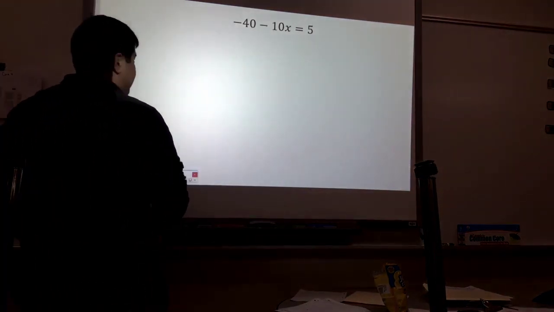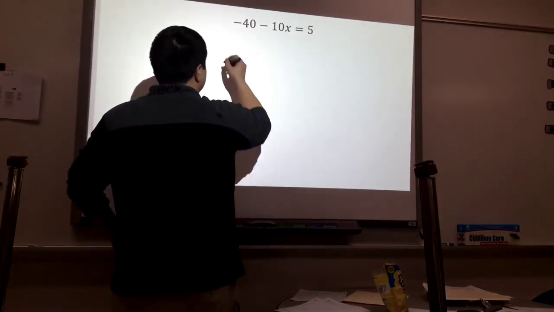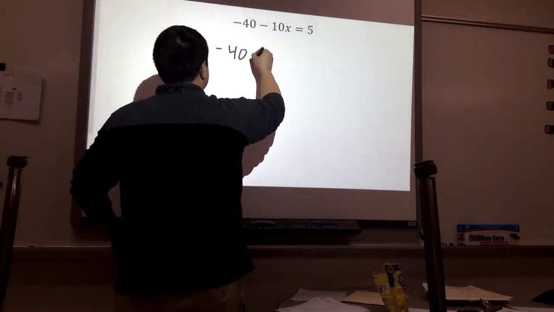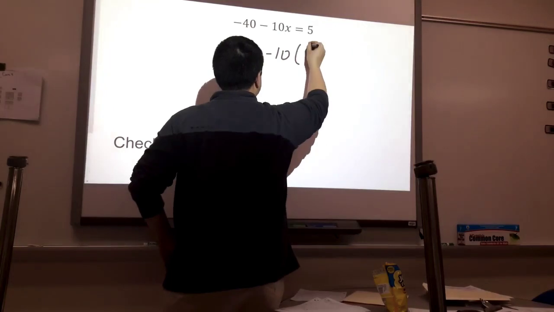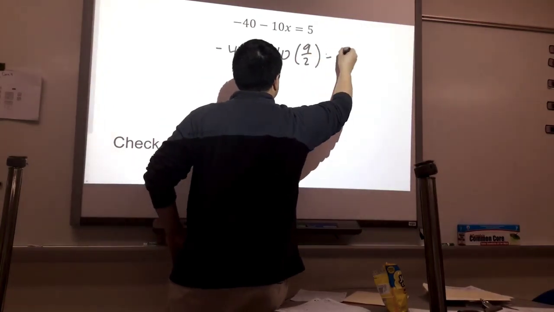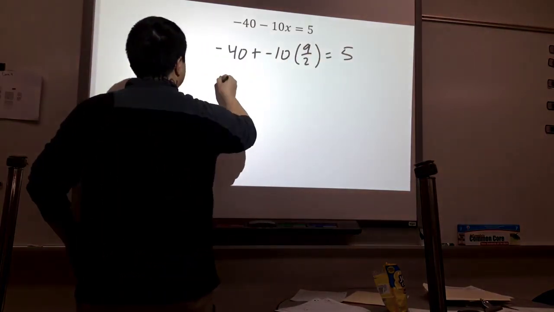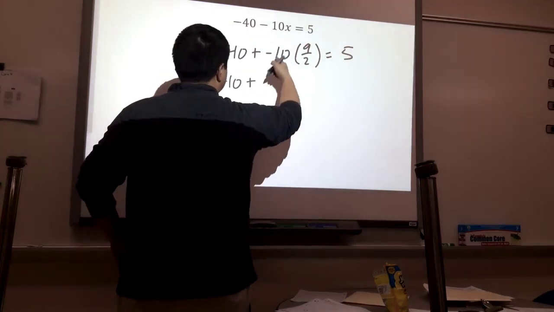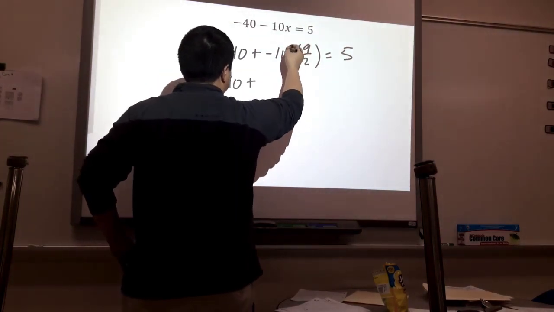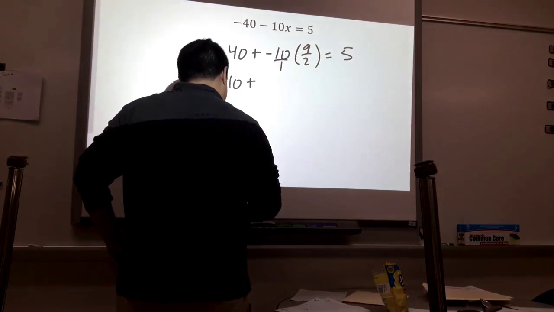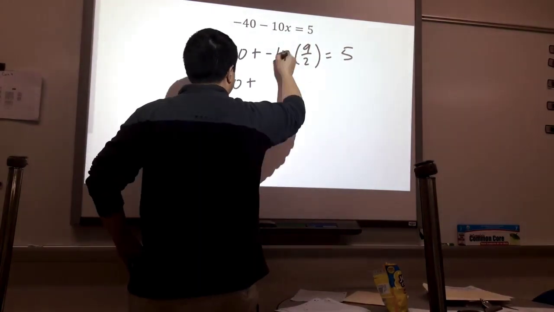Let's try that out in terms of checking it. We get negative 40 plus negative 10 times negative 9 over 2 equals 5. Negative 40 plus, we've got cross-canceling going on here because this is over 1.